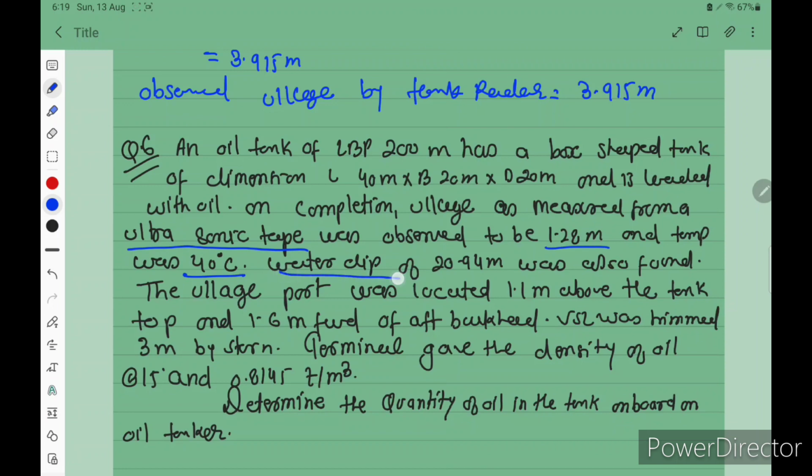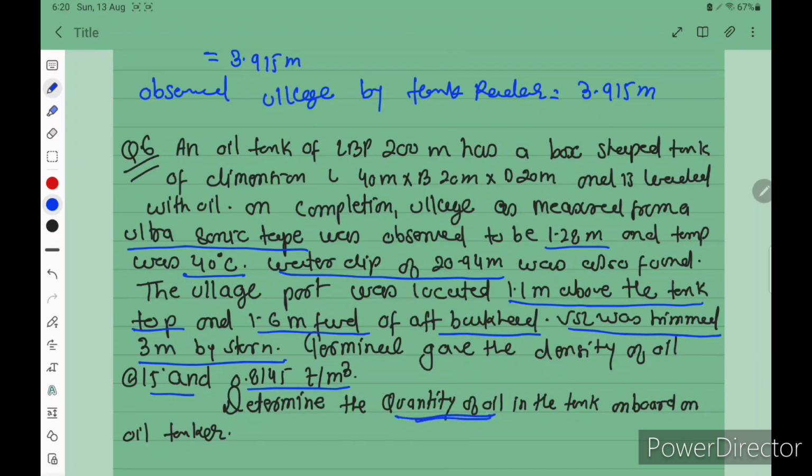Water dip is also given, 20.94 was also found. The ullage port location was given as 1.1 above the tank top and 1.6 meters forward of the aft bulkhead. The vessel was trimmed 3 meters by the stern. The terminal gives the density of oil at 15 degrees as 0.845 tons per meter cube. Determine the quantity of oil in the tank on board.